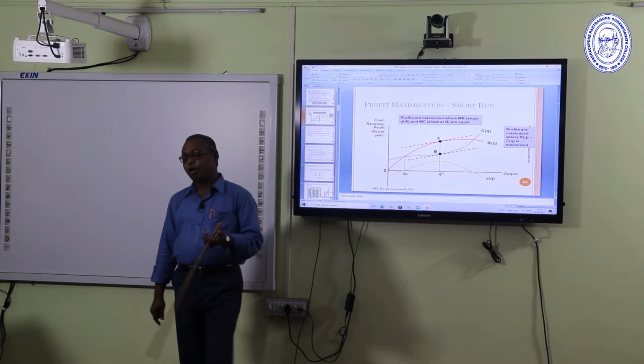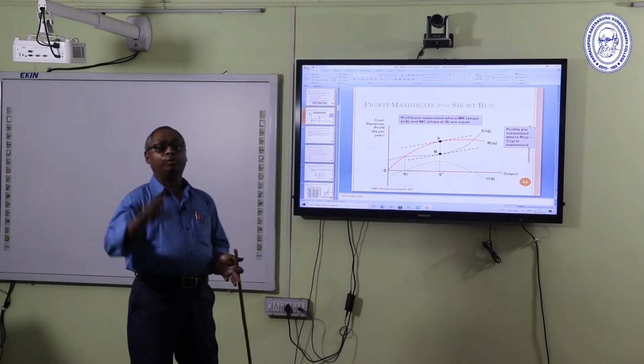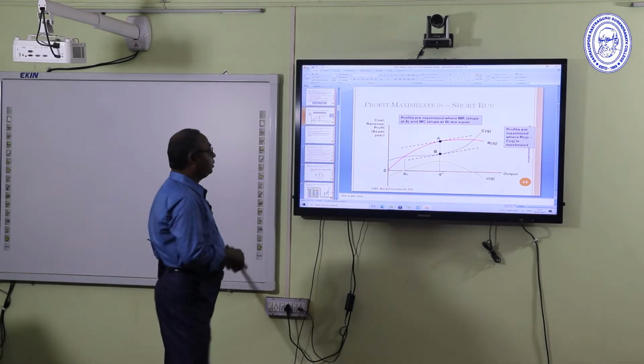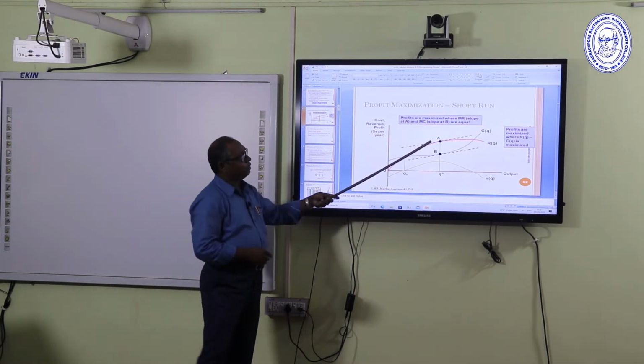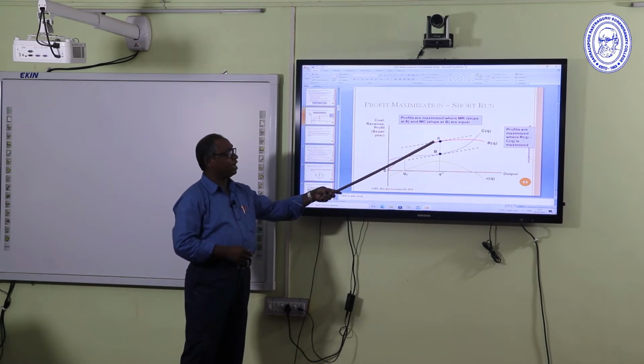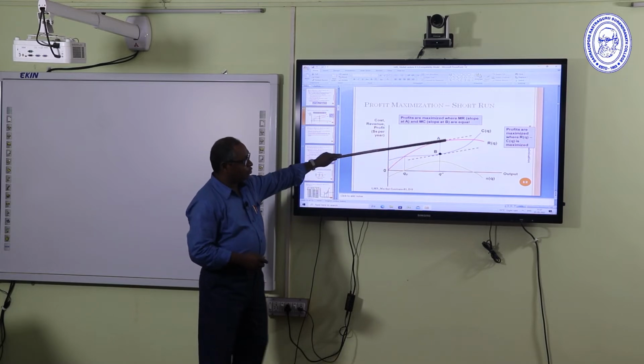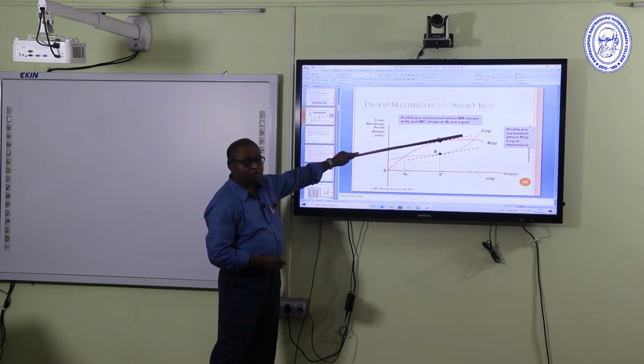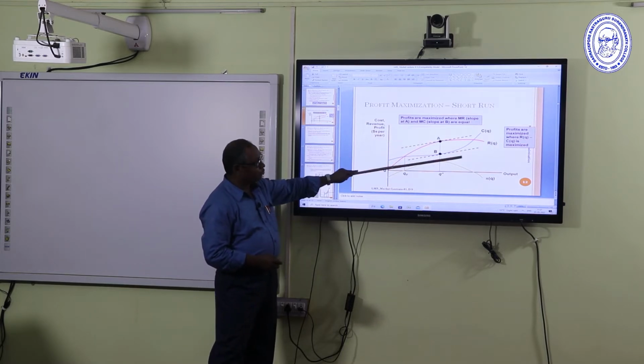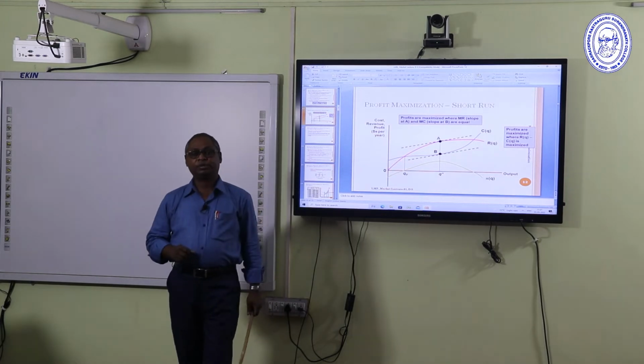Now the question is: where will the firm maximize the profit? Here in this figure, where is the gap between the two maximum? The gap between total revenue and total cost is maximum where the slope of the total revenue curve and the slope of the total cost curve match each other. They are the same.